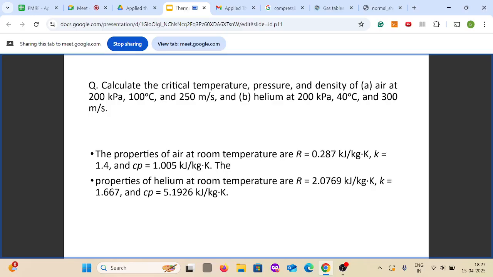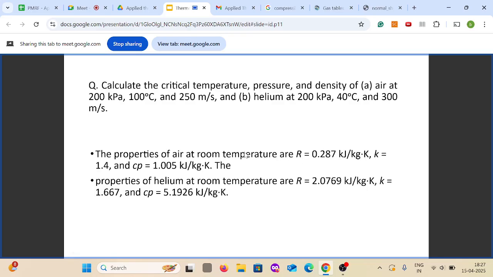So first is air, with gamma 1.4; we can use the chart table as well. What we need to find out is the critical temperature, pressure and density. Air is entering at 200 kilopascal, 100 degrees Celsius and 250 meters per second, and similarly helium is coming at 200 kilopascal, 40 degrees Celsius and 300 meters per second.